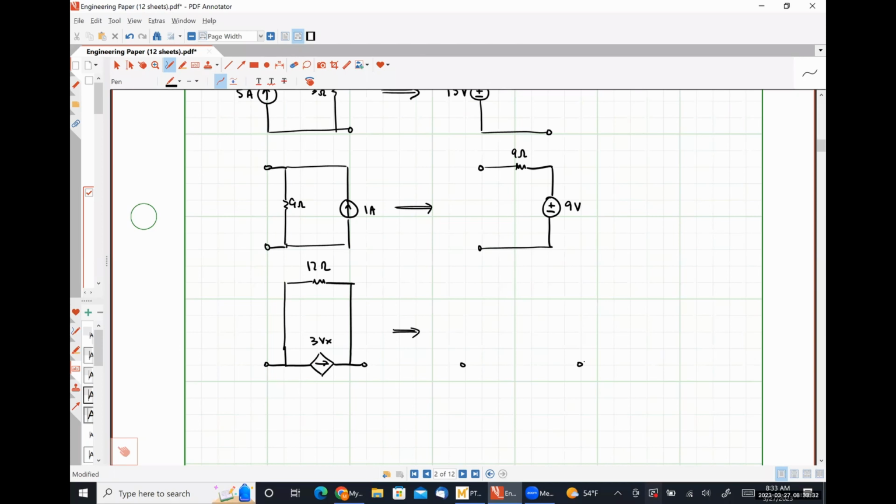So I'm going to have something in series with a 17 ohm resistor. That something is going to be a dependent voltage source, because I had a dependent current source. Since my arrow is directed to the right, my positive polarity terminal is going to be on the right.